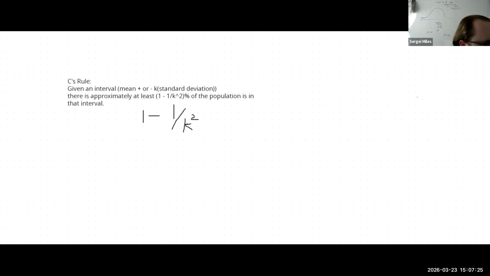So when k is 1, this percentage turns out to be just 0.